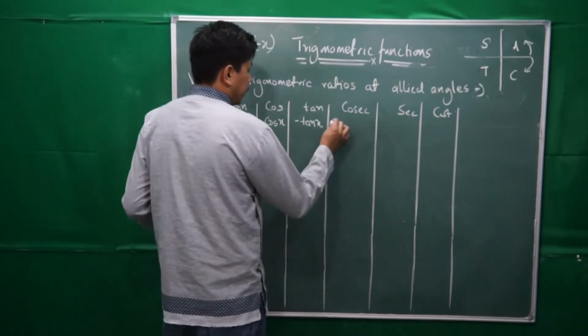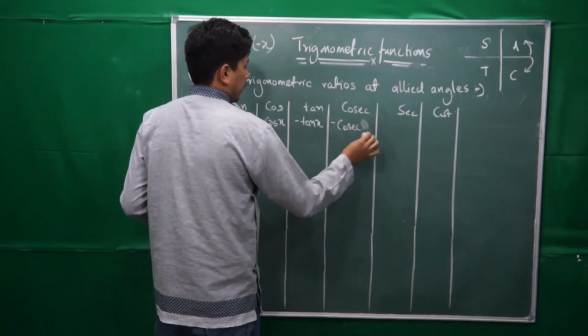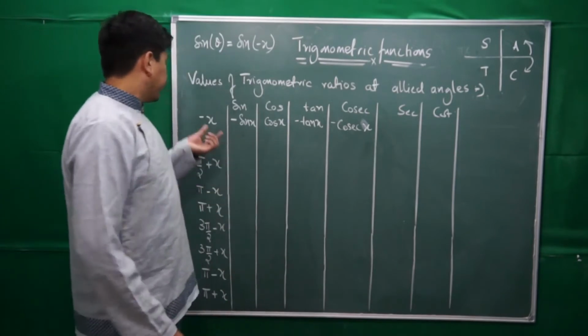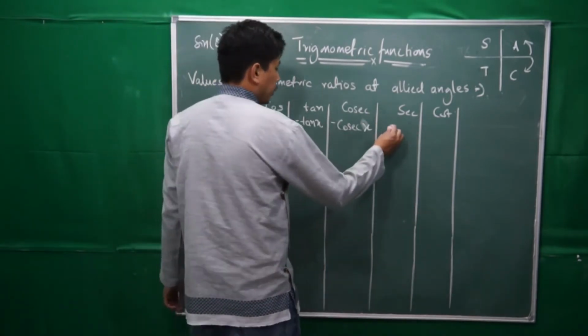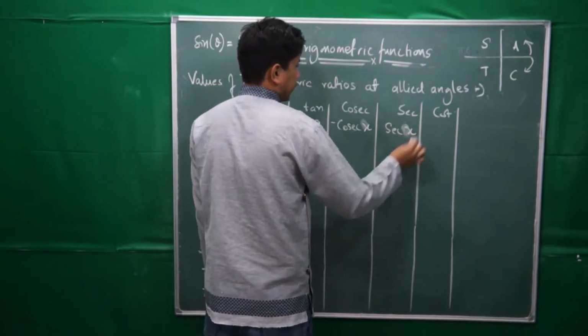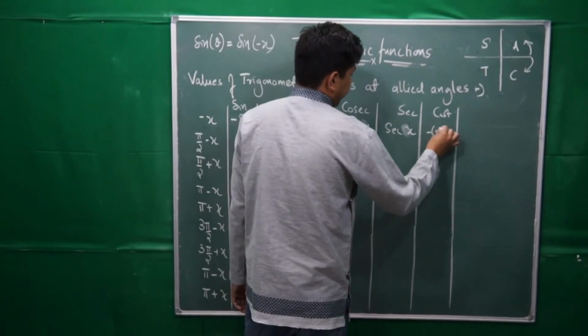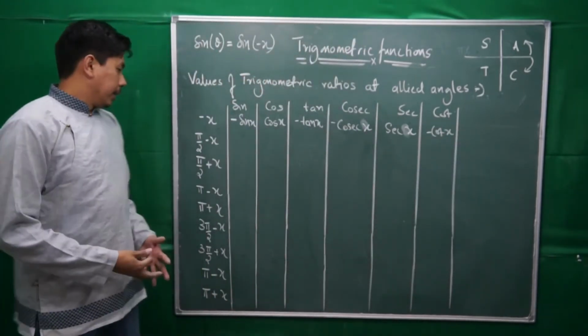For cosec, it would again be negative cosec x. For sec, cos and sec are reciprocals of each other, so it would be a positive sec x. Lastly, negative cot x. So, is it clear?